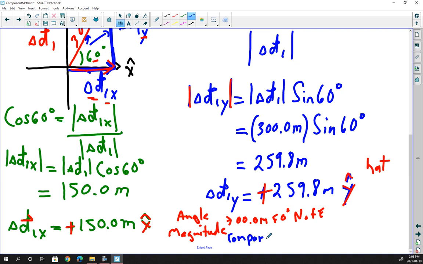I've translated it into a new way of expressing the same information, and it's plus 150.0 meters x hat plus 259.8 meters y hat. So these are two different ways of expressing the same vector. They are equivalent to each other. 150.0 meters x hat plus 259.8 meters y hat is the same as saying 300 meters 60 degrees north of east. We've converted it.